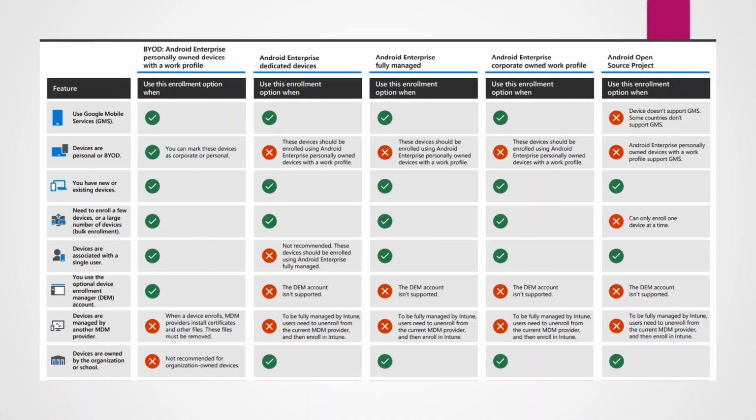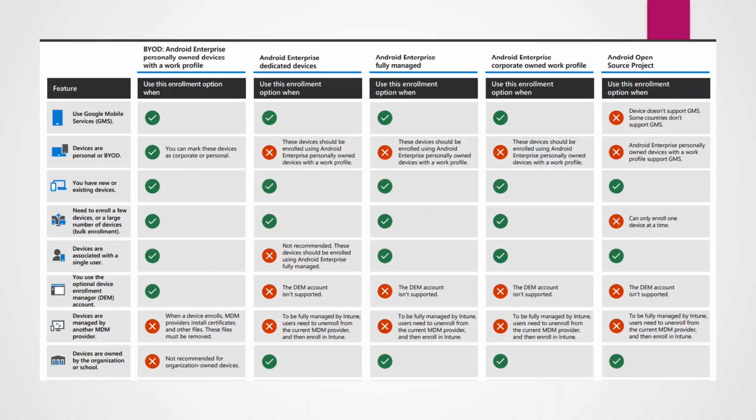When we say a specific purpose, some examples of this type of device can include kiosks, digital signage, warehouse scanners, point of sale devices, check-in terminals, and other specific task-focused devices. These devices are normally not associated with a single user.